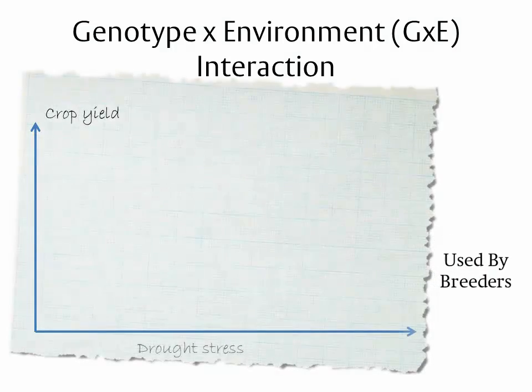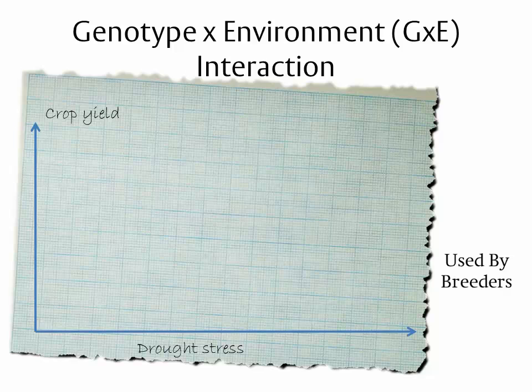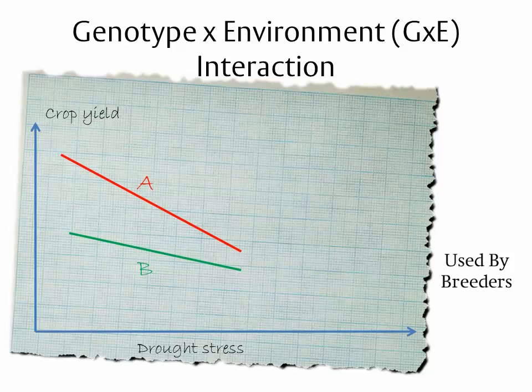We start by looking at an idea that crop breeders have long recognized and exploited, the idea of genotype by environment interaction. It's illustrated here with a simple example of comparing two crop varieties, just labeled A and B, across a range of environments with varying drought stress.